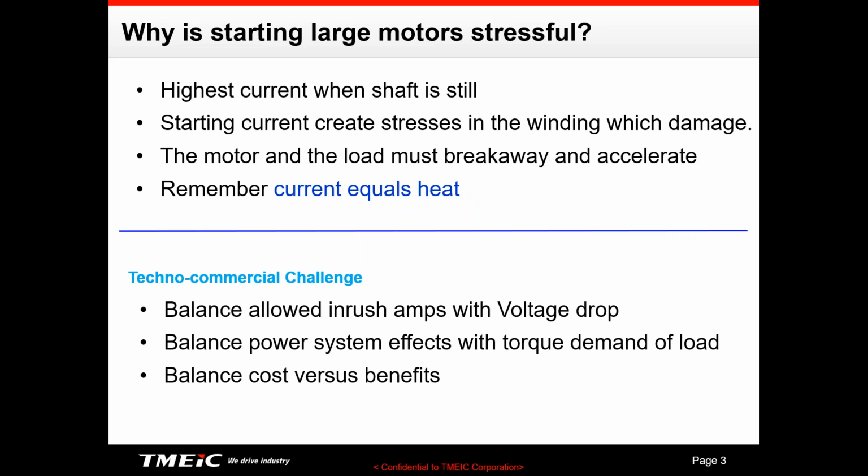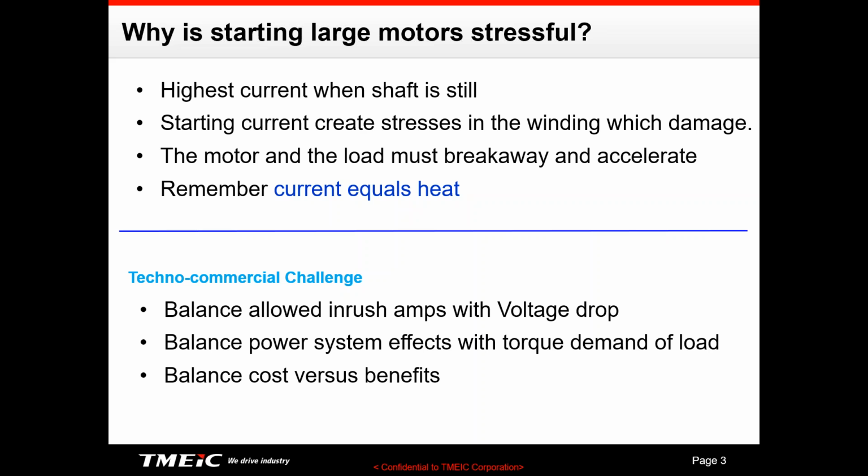The second thing is that starting current creates a lot of stress in the windings of the electric motor, which is quite damaging. You may see examples where customers' motors are burned out during starting, or they're doing repeated starting, and then they only get 10 or 15 years out of the motor instead of 25 years of design service life.